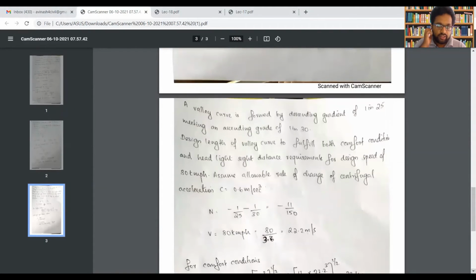So write down the question. A valley curve is formed by a descending gradient of 1 in 25 meeting an ascending gradient of 1 in 30.